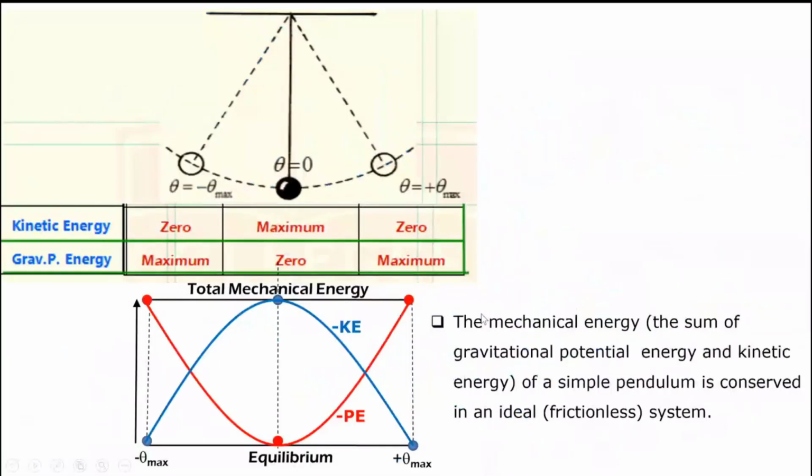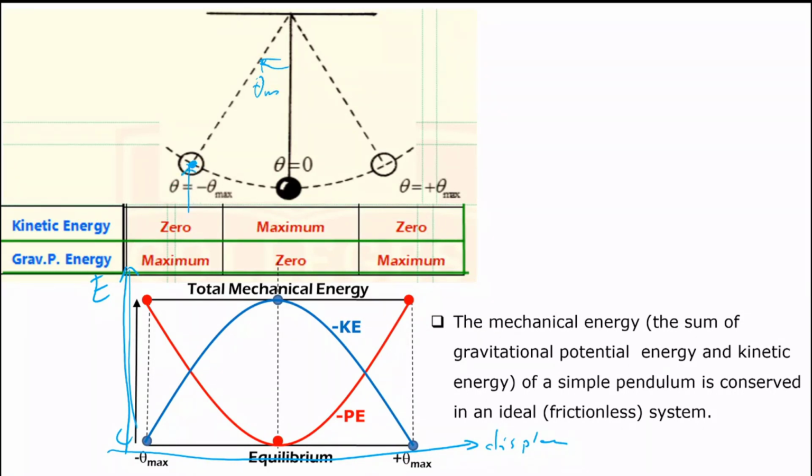If I draw a graph which indicates how energy and displacement of the pendulum's bob change, we know that at negative x max, theta maximum, remember we measure the displacement by theta, this is negative theta maximum on the left side.